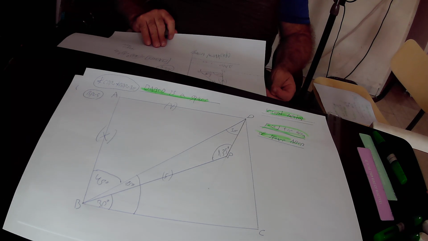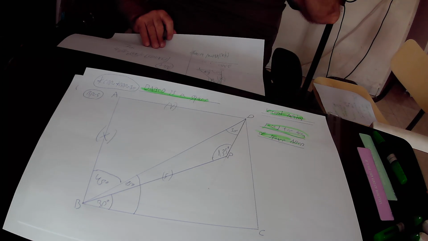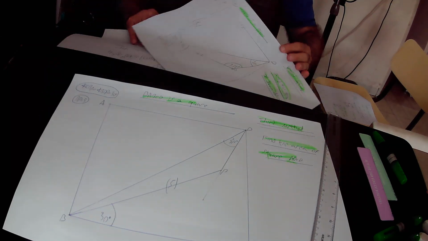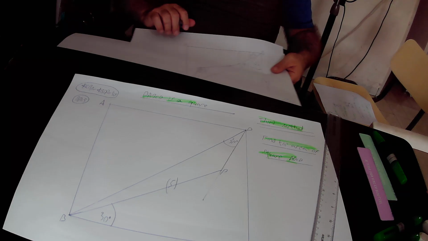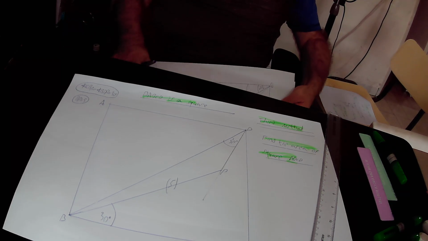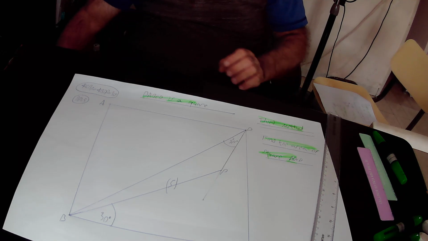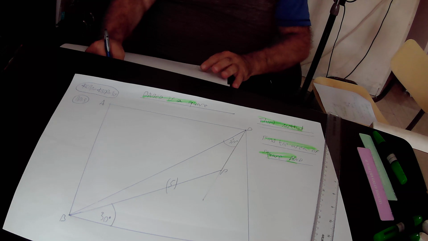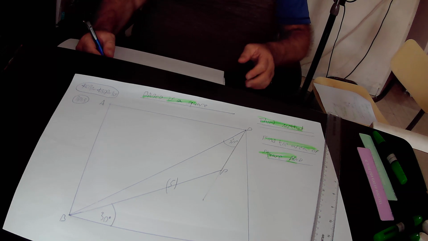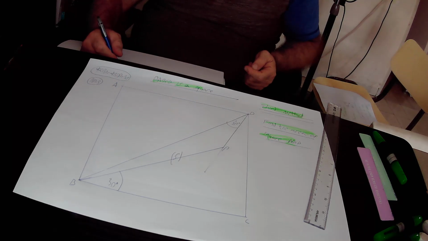The next step, I present to you how to find the area of the square ABCD according to the third method. In the third method, we define the length of side AB as x.